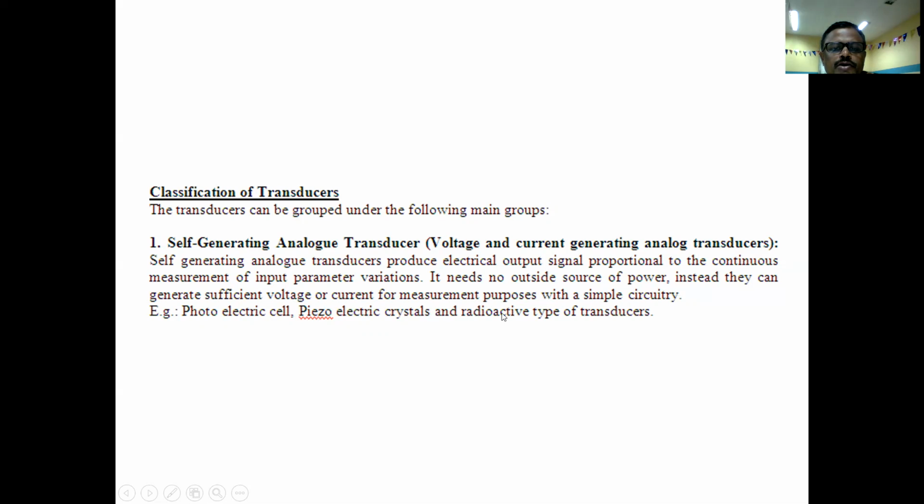Then similarly you have got radioactive type of transducer. So all these types of transducers are giving us current or voltage without the external source of power. Hence they are called as self-generating type of transducer.